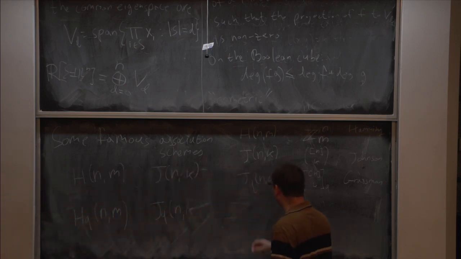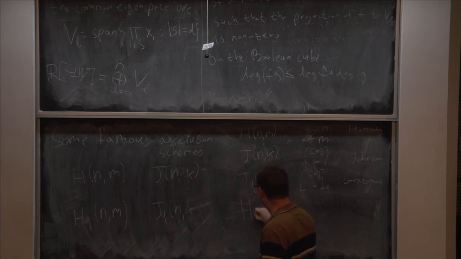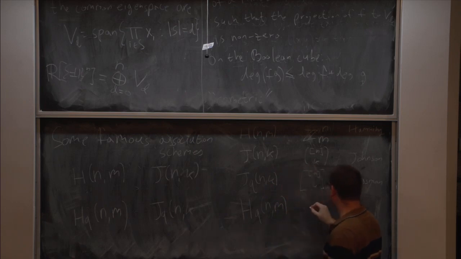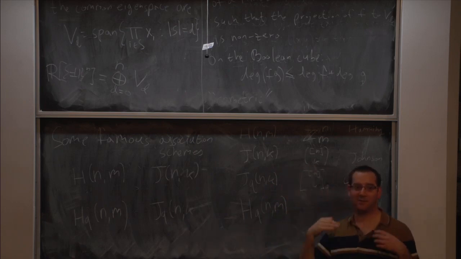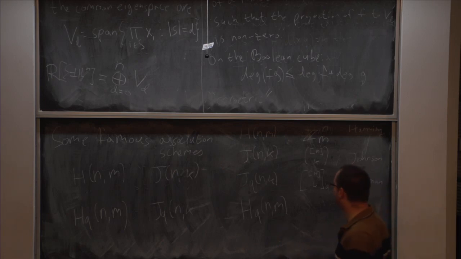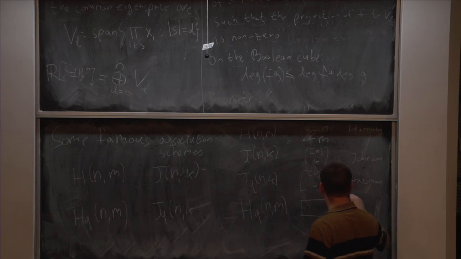Okay, and just to complete the picture, we have the neglected bilinear scheme. I'm saying neglected, but actually this is what is used in the recent work on the 2-to-1 conjecture. So here we're looking at n by m matrices over F_q.